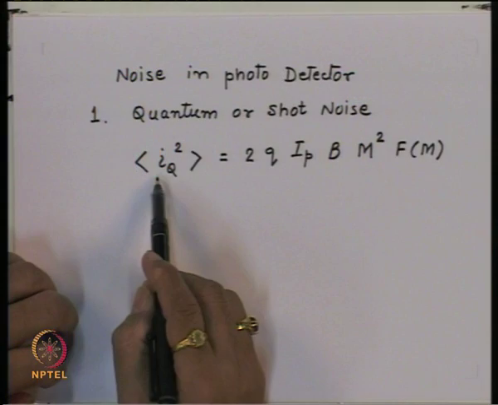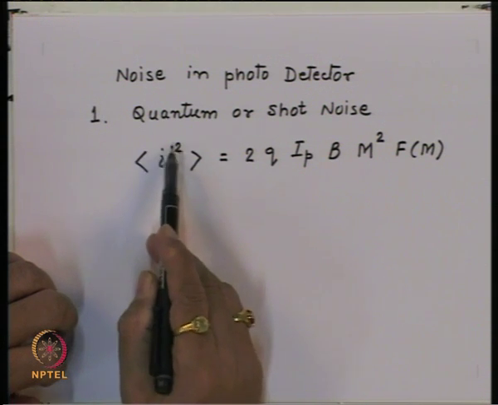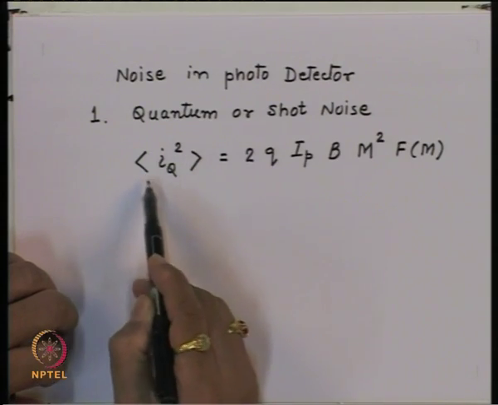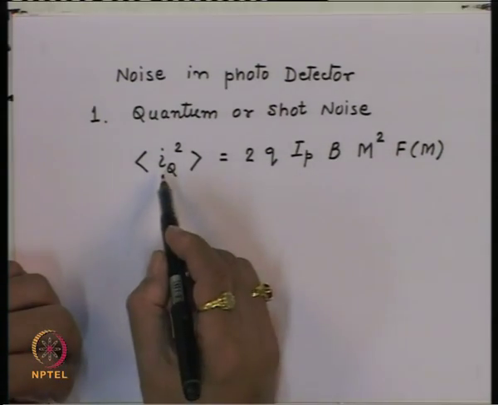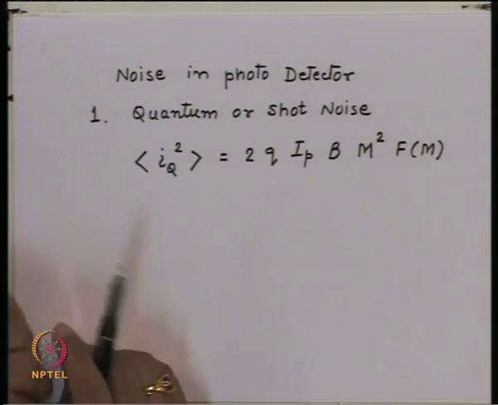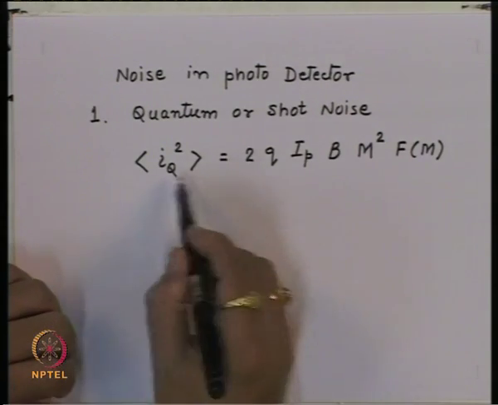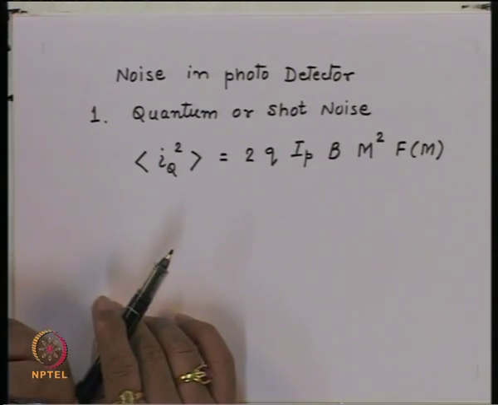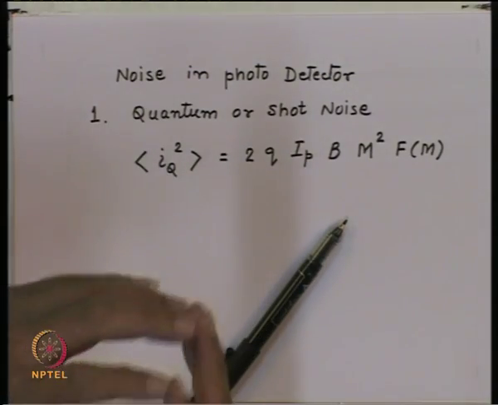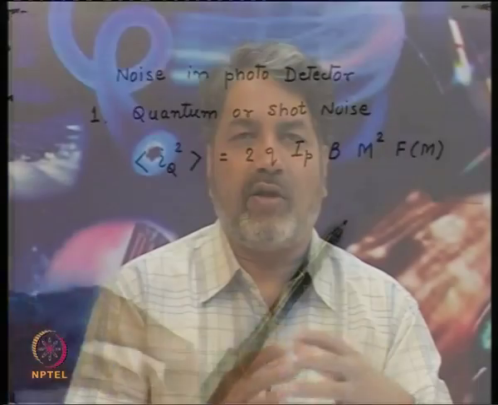Now, note here what we have got. Firstly, what we are saying here is that the mean square value of this fluctuating current is proportional to the average value of the photocurrent. This is the nature of this noise, because this noise which we are talking about now is because of the statistical fluctuation of the photon and the photon interaction process, which is essentially a Poisson process.